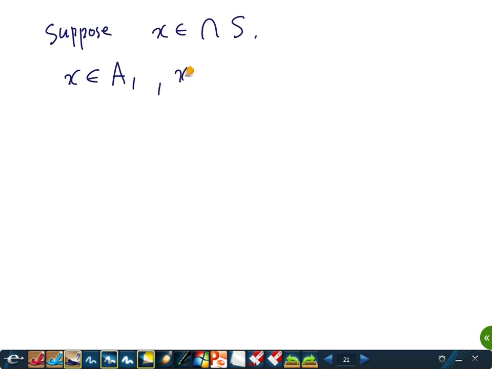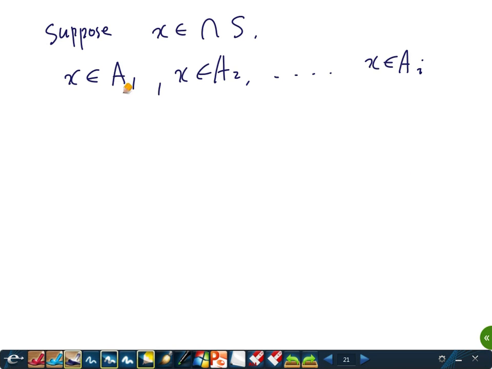Let me write this again. Suppose that, just suppose, x is in the intersection of S. If we get a contradiction, that means this cannot have anything in it, right? What does this mean? x must be in A1, x must be in A2, and for every i, it must be in A_i. x is in A1.